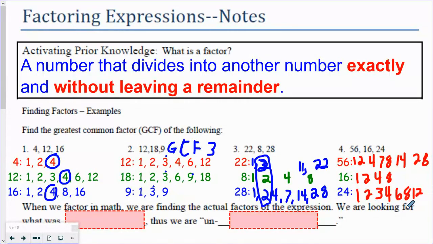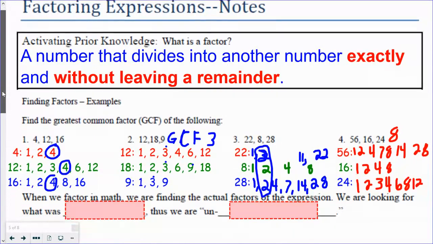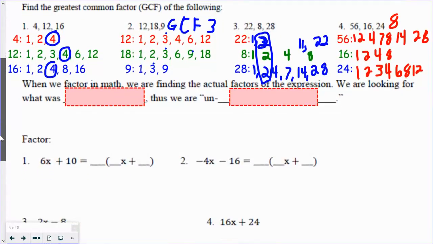All right, so we have found out for this one, our greatest common factor was 8. Okay. Fill that in, correct it if you need to.